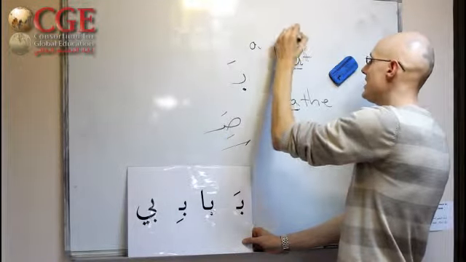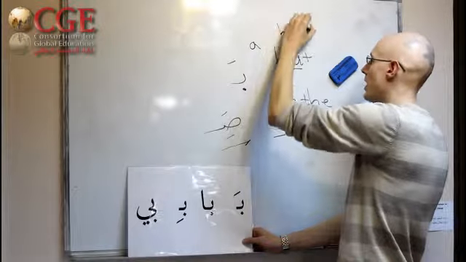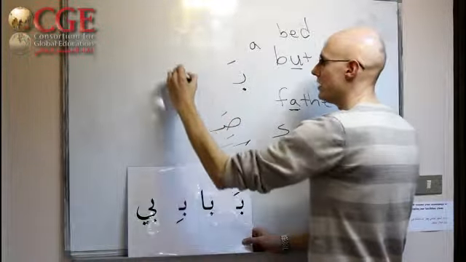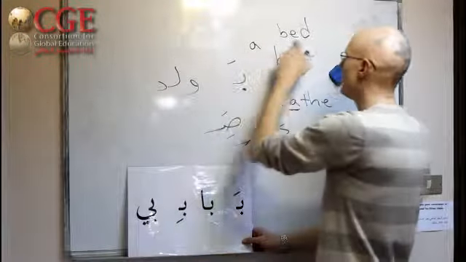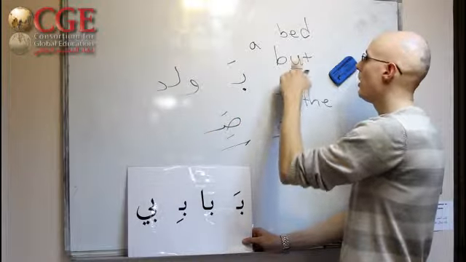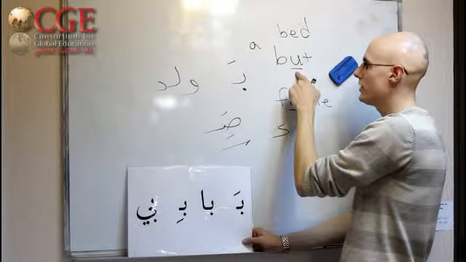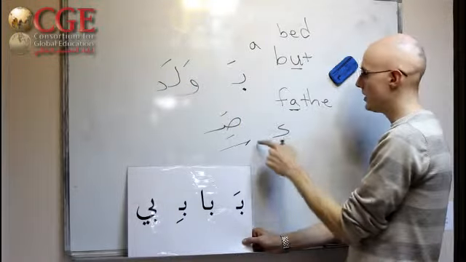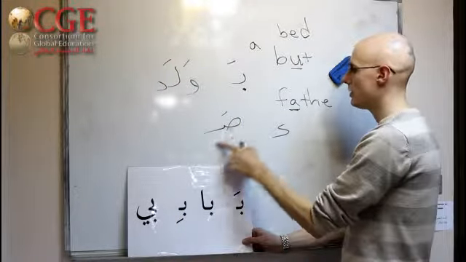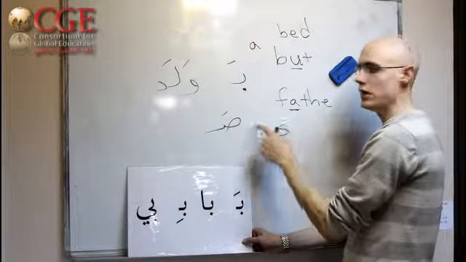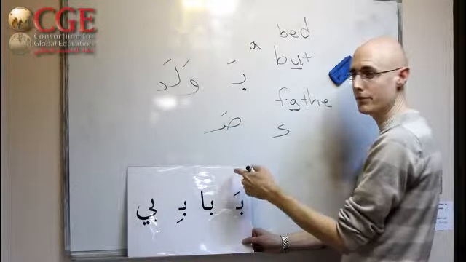Sometimes this even makes an E sound, like in bed. For instance, the word walad, it sounds like an E sound, walad. But the gutturals and the velars will make a saw sound.